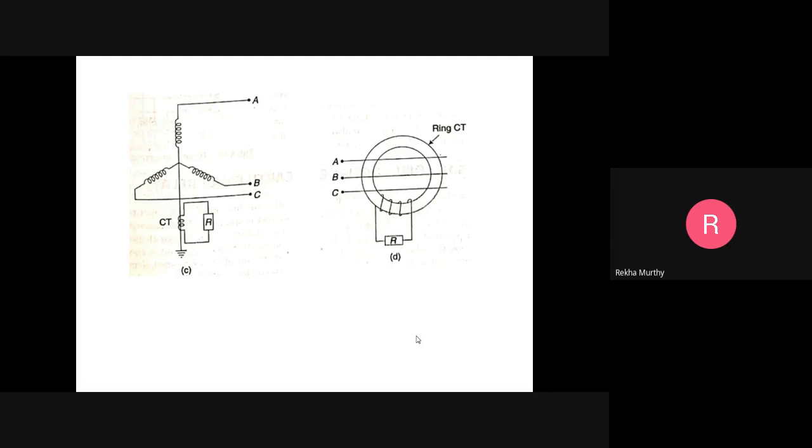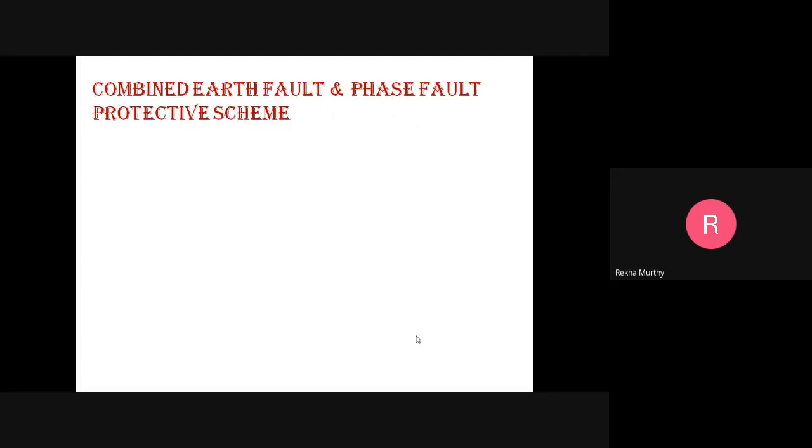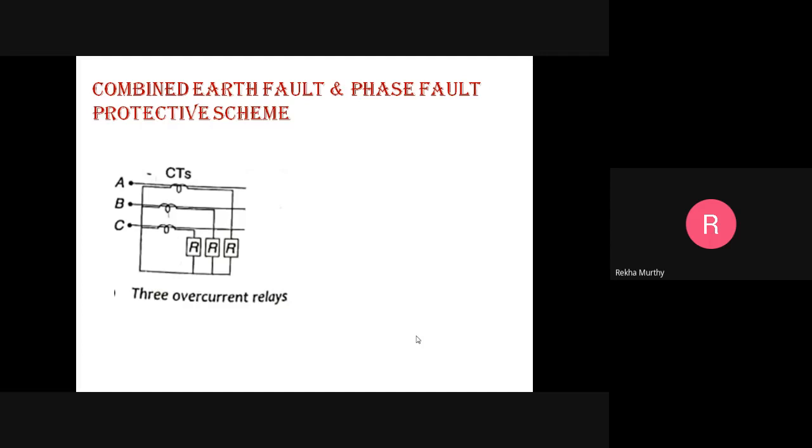Now let me consider one more topic related to the phase fault protective scheme. We just saw the earth fault protective scheme. Similarly, you can go with the phase fault protective scheme, and then we can go with the combination of both schemes. Let me first explain the phase fault protection scheme. This scheme is mainly used for the protection of the system against phase faults.